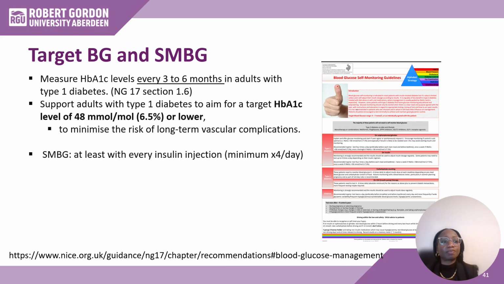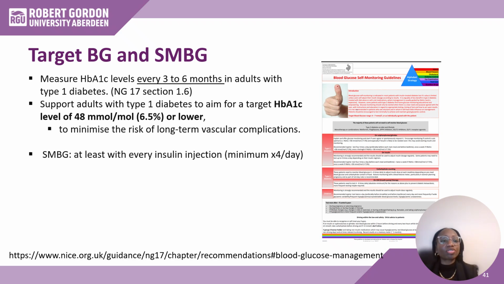Okay, so target blood glucose is important for us to be aware of, and I thought I'd include this. Here's the blood glucose self-monitoring guideline, and then it follows the ABCDE algorithm here.